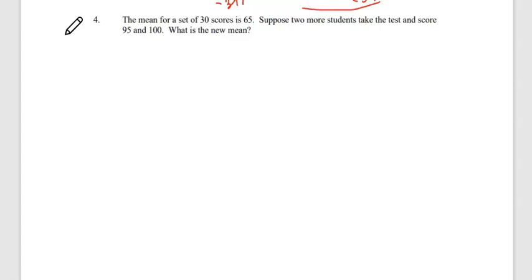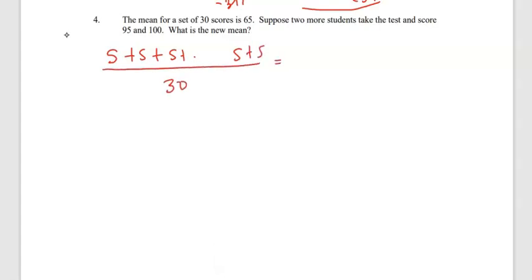So what we can draw from that is we can figure out what those 30 scores added up to. Because what we had was score plus score plus score plus score plus score. We had 30 scores. Then it was divided by 30, and the average we know was 65.